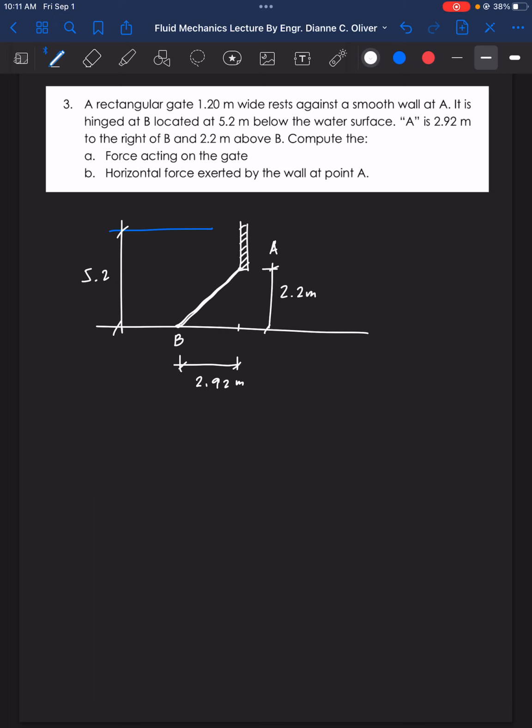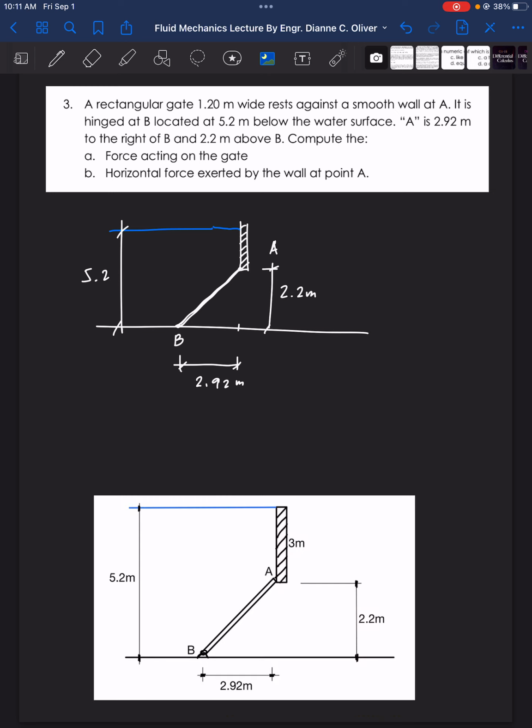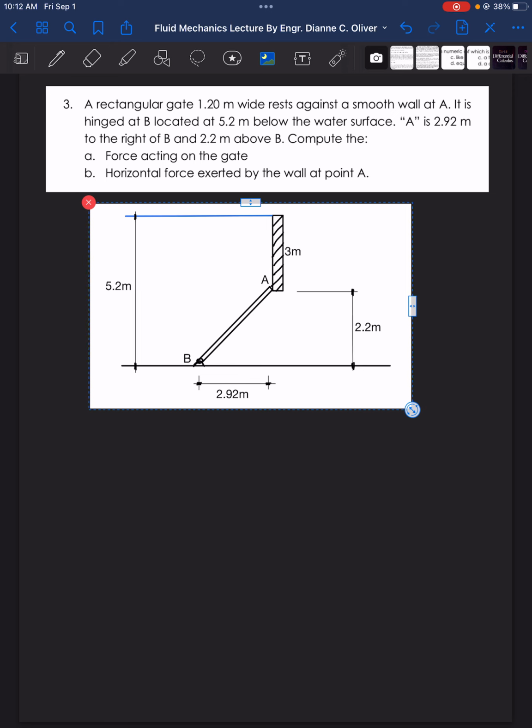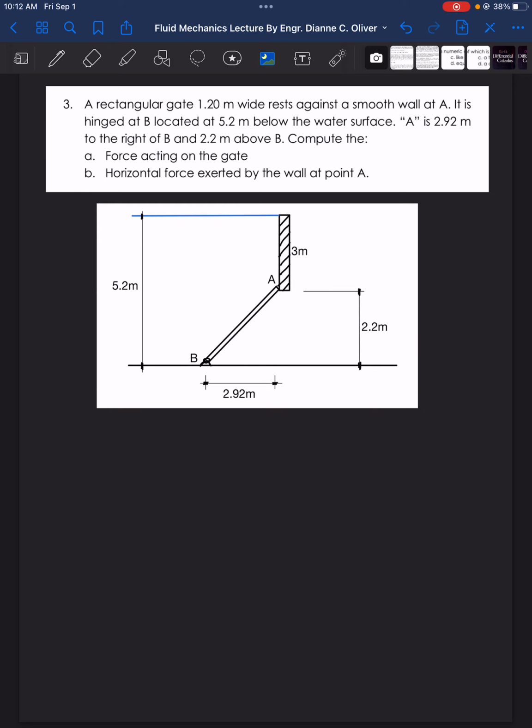So this is your wall. That's the representation, or this is the figure for number 3. So here is our figure.